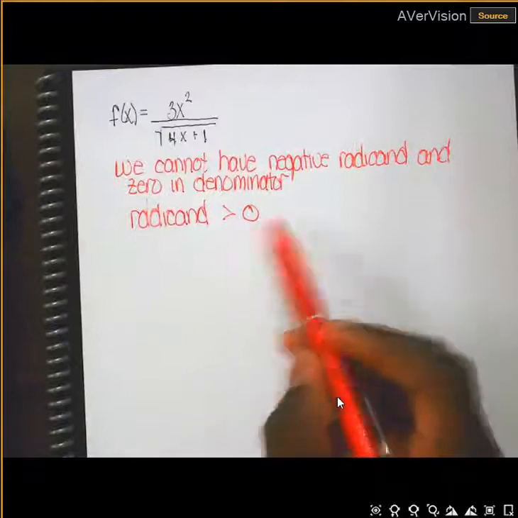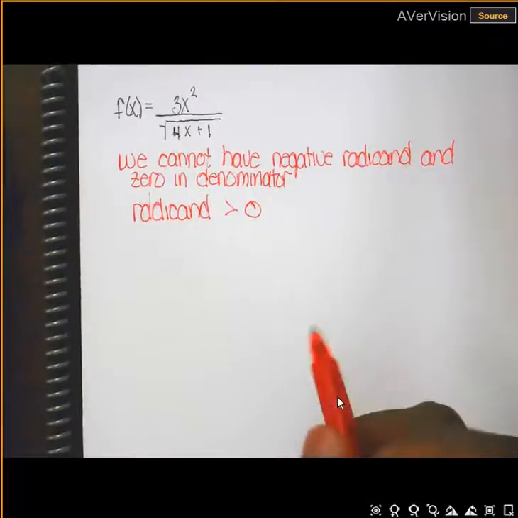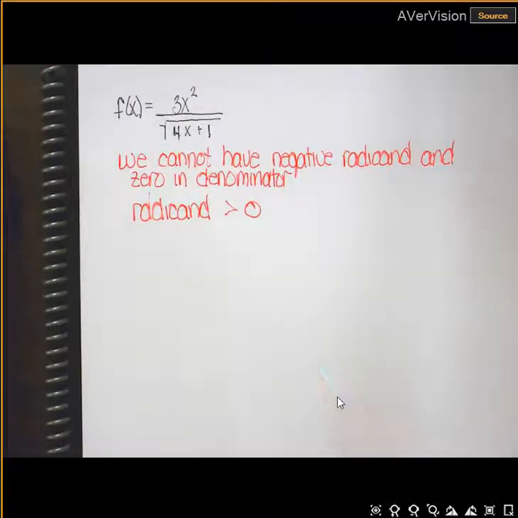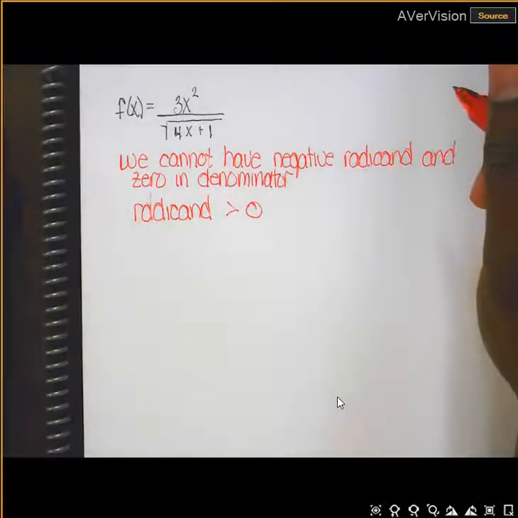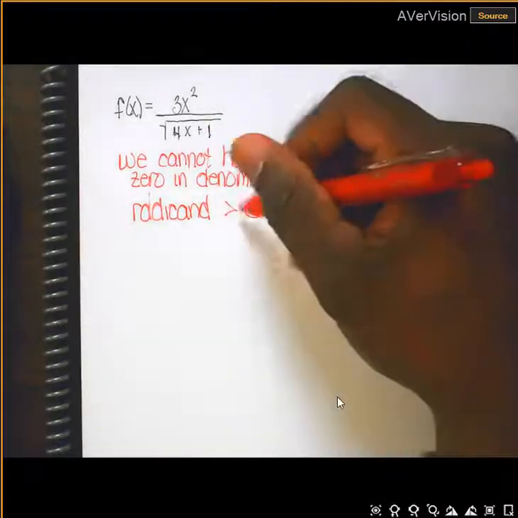So when we put it together, it's just going to be greater than 0. Does that make sense? All right. So we do it the same way we did when it was just the radical. This time we just set the radicand greater than 0.